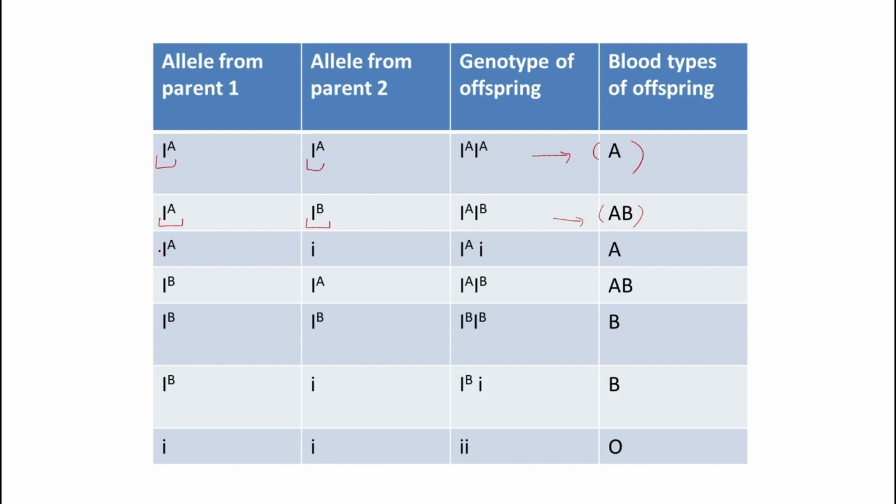And when the parent contains dominant IA and a recessive i allele, the resultant blood group will be A.